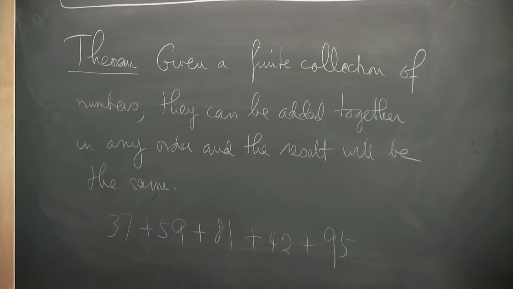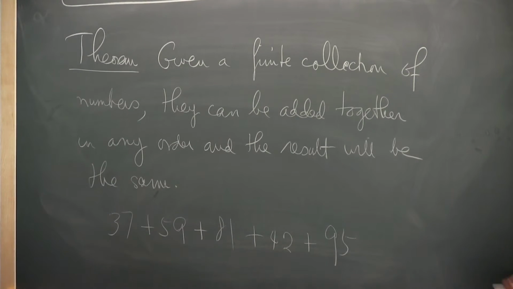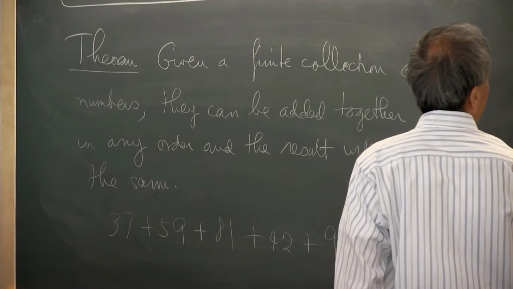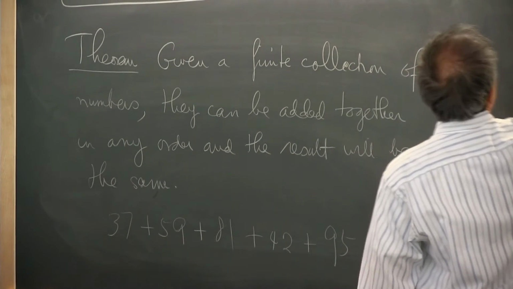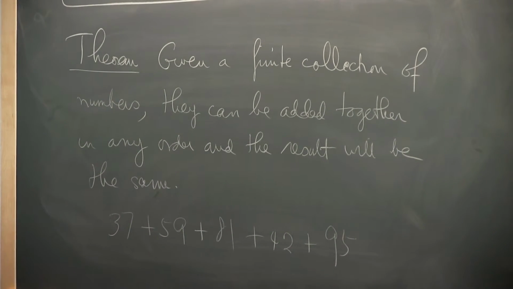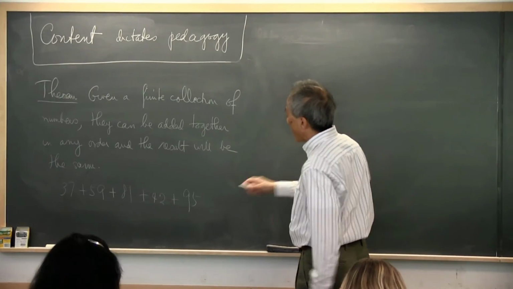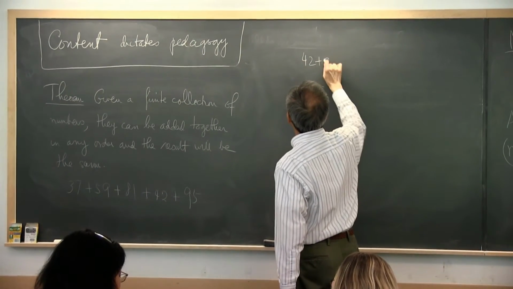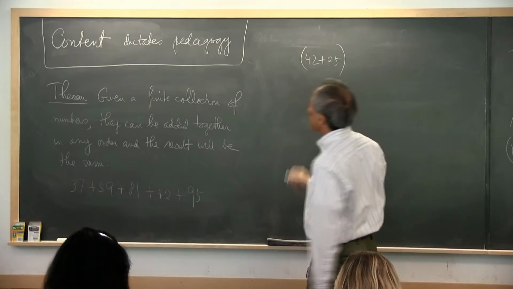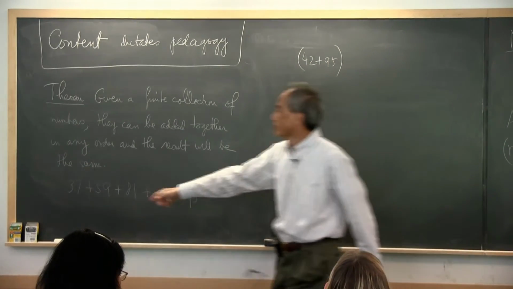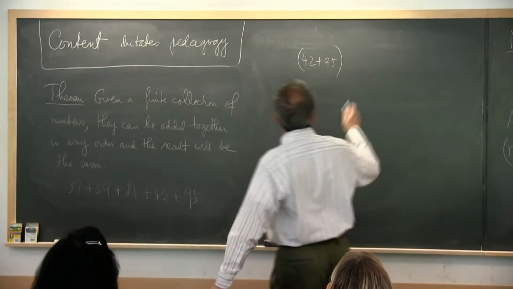So suppose I feel like doing the last two things first. Now this is really kind of mind-boggling. I do that first. And then suddenly I feel like adding the first one.